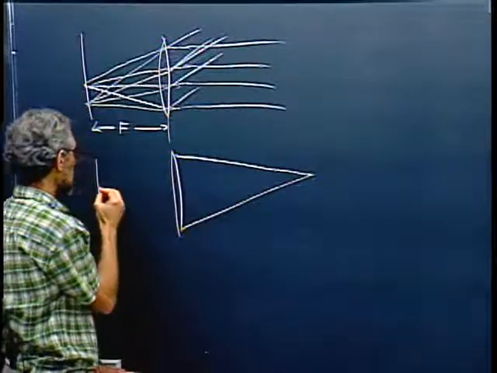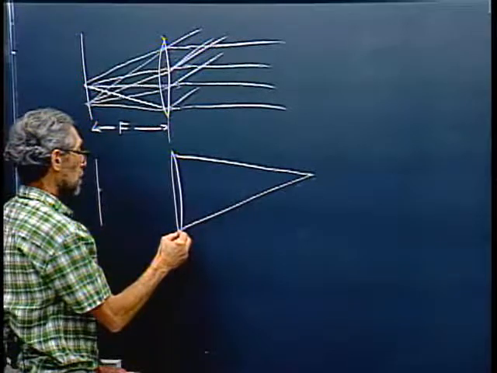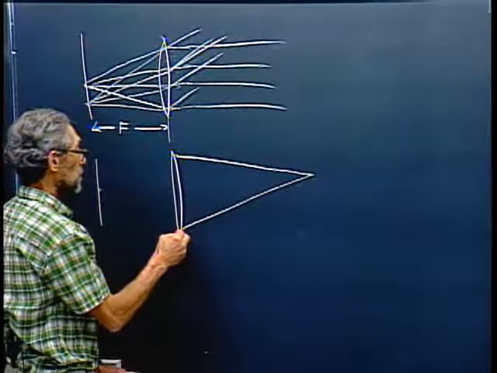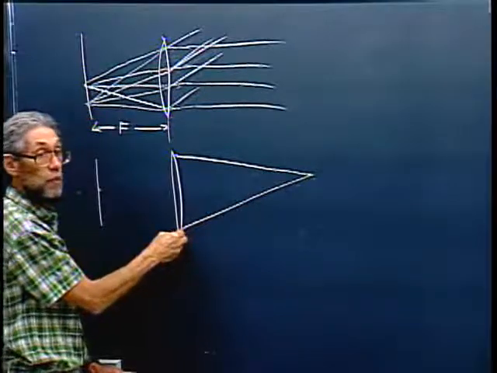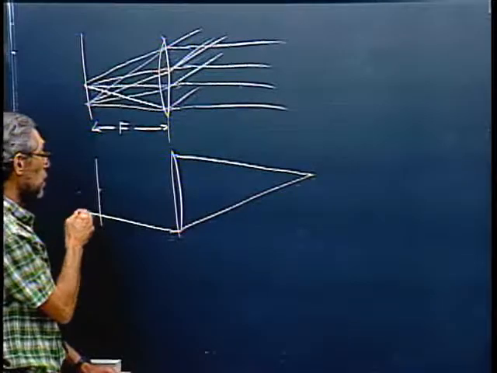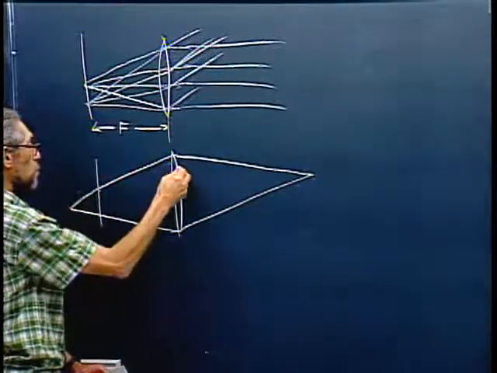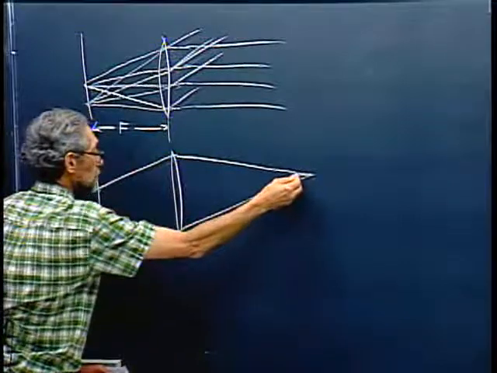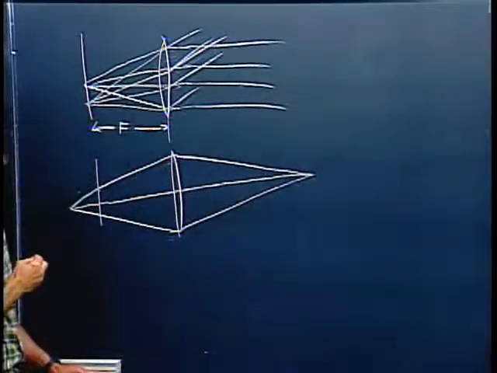Well, if the parallel rays focused here, rays which are not parallel are going to focus, let me think about it, I guess they'll focus somewhat farther away, right? Because these won't be bent as much, so they'll probably focus at some other point behind the lens, right? The ray that goes right through the center of the lens will also hit that point.